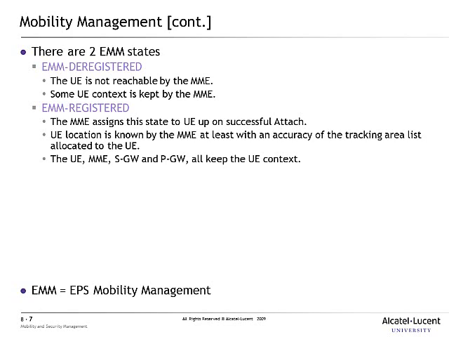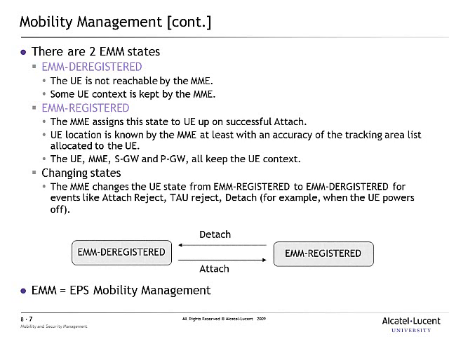So the UE is known at tracking area level, and all of the network elements, the UE, the MME, the S gateway and the P gateway, they all have the UE context. They know that there's such and such a UE and it's located in such and such a tracking area, because the UE is now effectively registered.